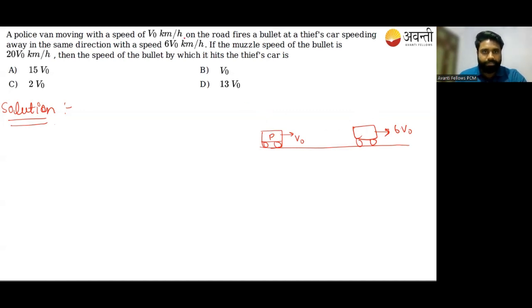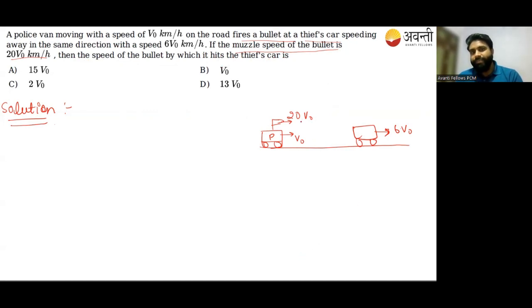What happens? The police fires a bullet at the thief's car. If the muzzle speed of the bullet is 20 V0 kilometer per hour, like this is the gun that we have.